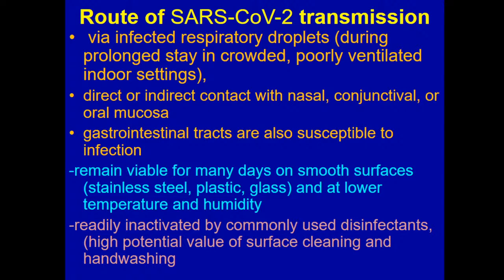My dears, I think more than 90% of cases are gotten in indoor settings. Then the next way is direct or indirect contact with the nasal, conjunctival, or oral mucosa.